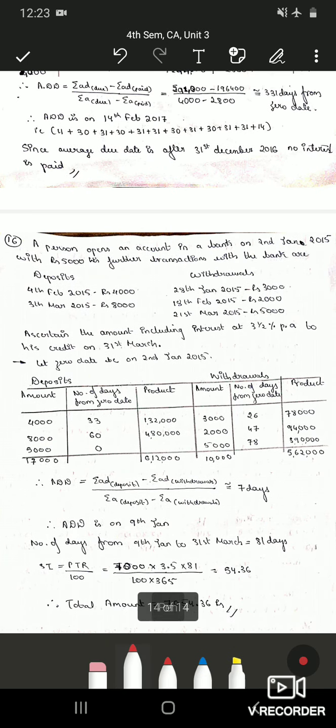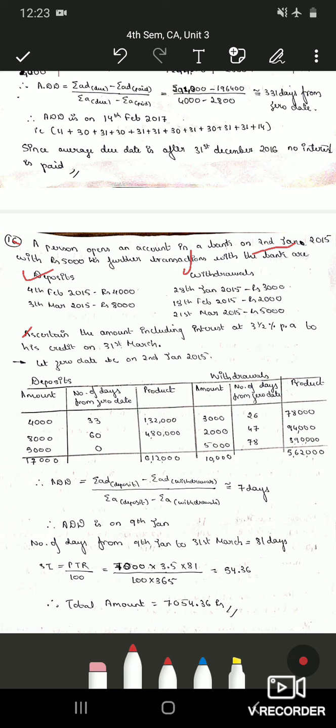So the 16th problem is, a person opens an account in a bank on 2nd Jan 2015 with rupees 5000. His further transactions with the bank are given, deposits and withdrawals. For this you have to ascertain the amount including interest at 3.5% per annum to his credit on 31st March.